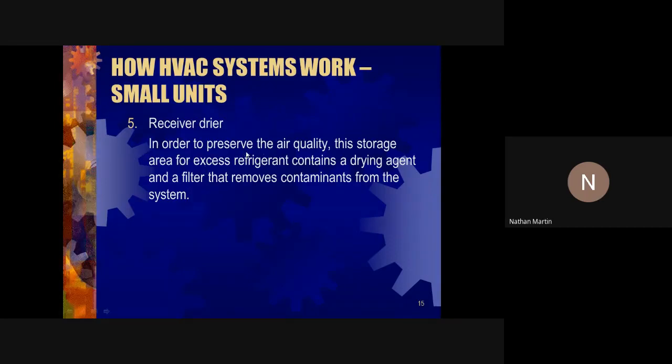So we said basically here the dryer preserves the air quality, right? It removes contaminants and moisture from the system, because moisture is a contaminant that will damage the system, right? So without the dryer, the system will not cool properly.